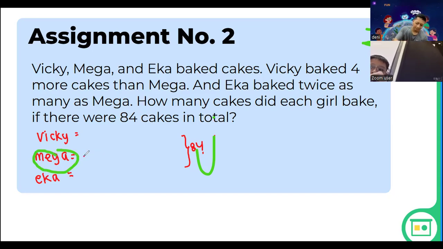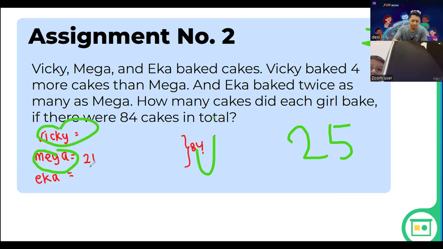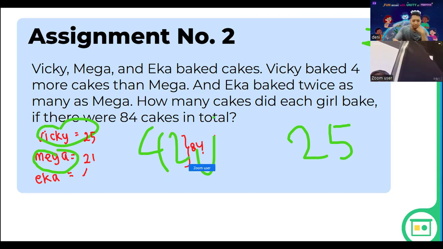Mega. Then, what about Vicky and Eka? 25 for Vicky, sorry. What about Eka? 42.